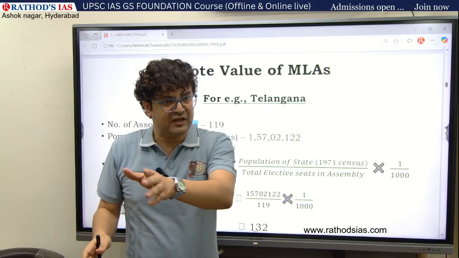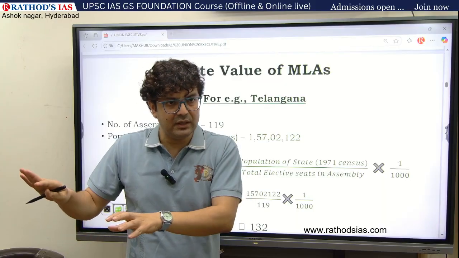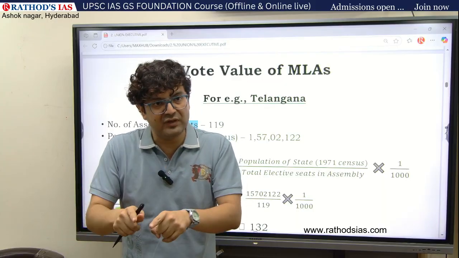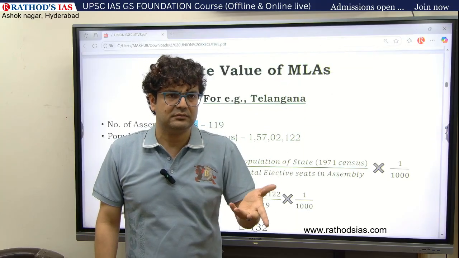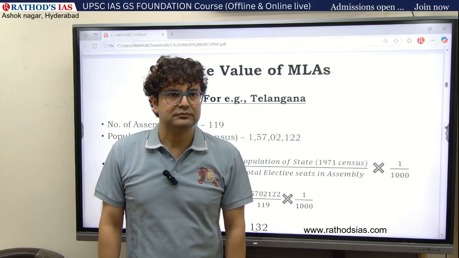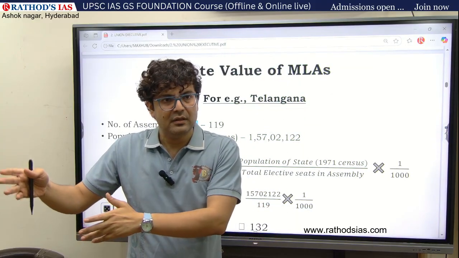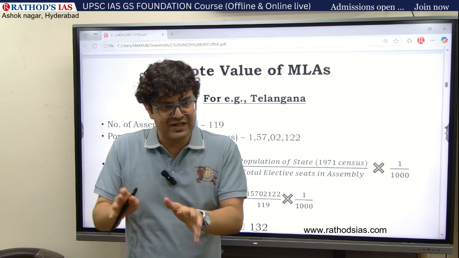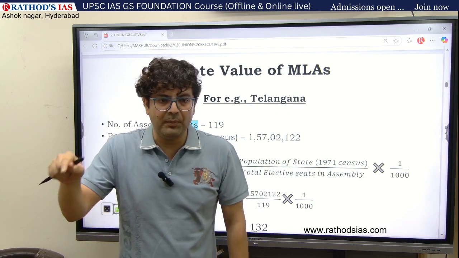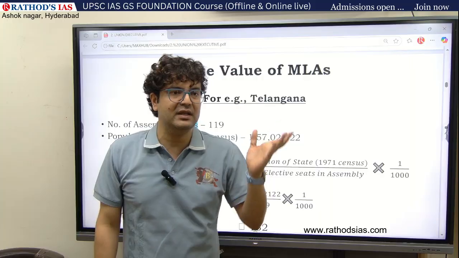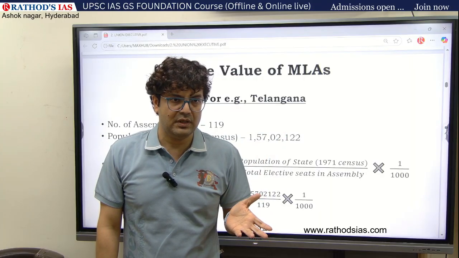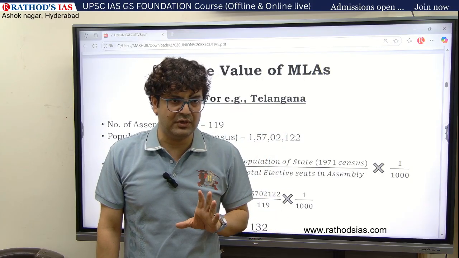Clear? When the bifurcation took place, 10 districts went to Telangana. So what was the population of those districts in 1971? We'll get it. Simple. Now they have been bifurcated. But the parts which are now in Telangana, what was the population of those parts in 1971? Clear? That is how we calculate the population.